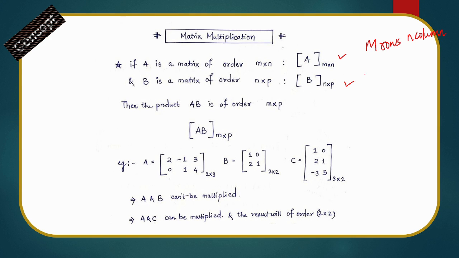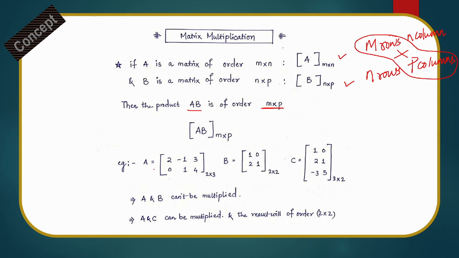Similarly, B has n rows and p columns. Then the product AB is of order m cross p, meaning m rows and p columns.